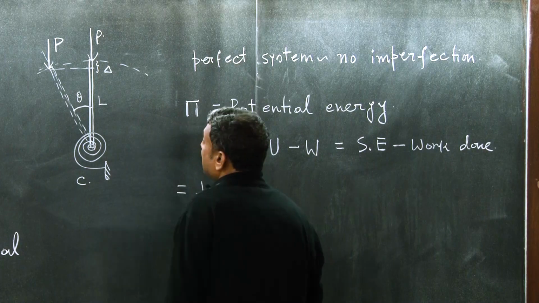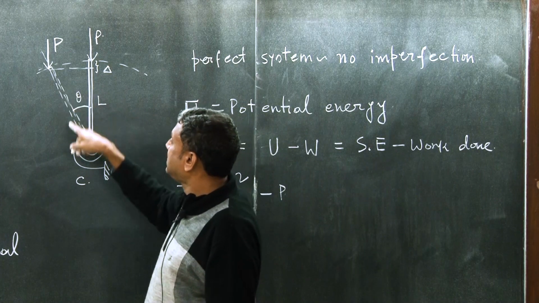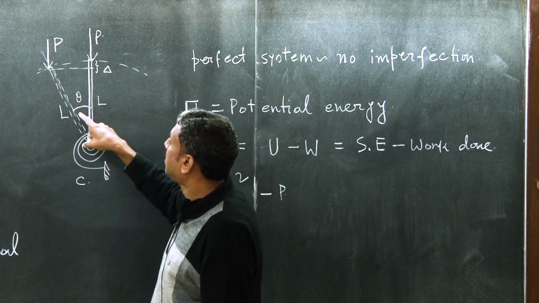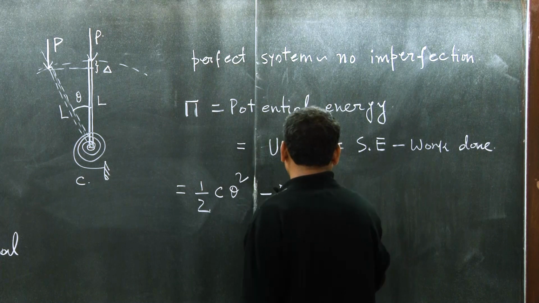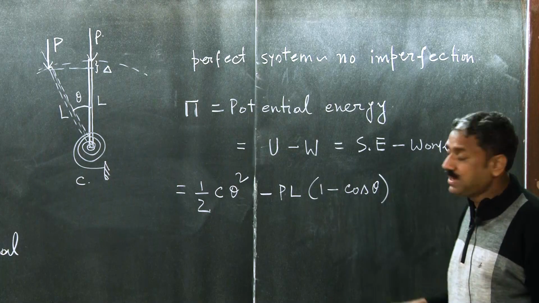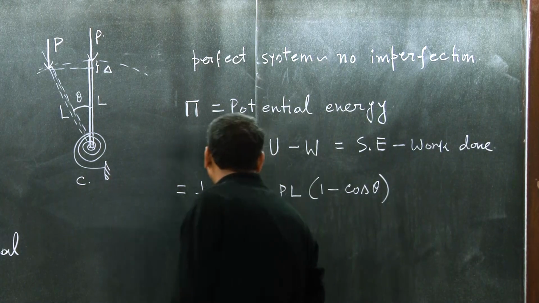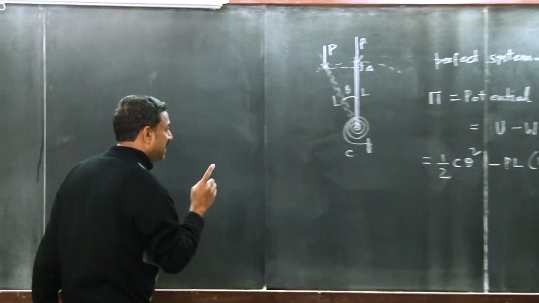And what is the work done? Work done is this P into delta, and this delta is nothing but what? If this is length L, this L cosine theta, so L into 1 minus cosine of theta, right? Fine. Now, when I am doing that, I will first find out the equilibrium path, right?